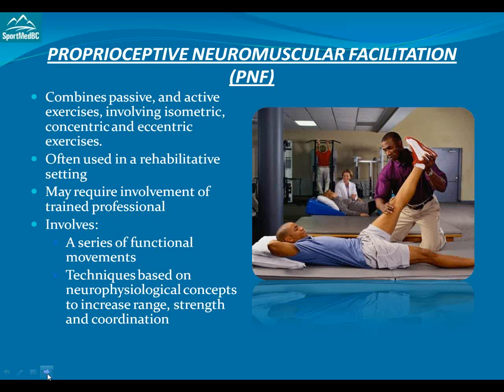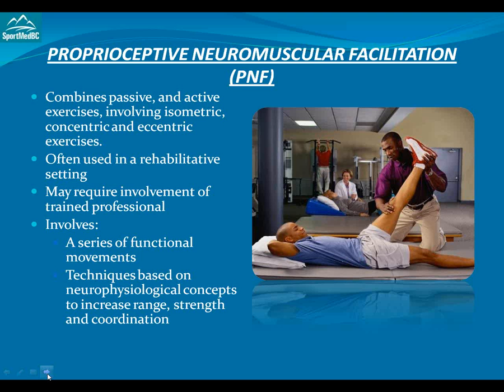Isometric, where we are in a stationary position, giving a muscle contraction, concentric or bending, and eccentric, lowering or braking types of contractions. And this is often controlled by a professional or a trained therapist, and usually in a rehabilitative setting.